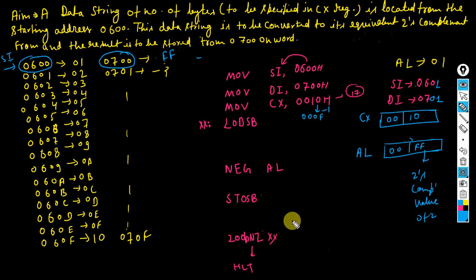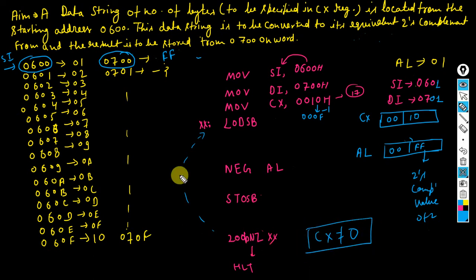Okay, and it checks the counter value is not equal to 0. Counter value is not equal to 0, then the pointer moves to the mark label. This is your mark label. Okay, the pointer moves to this label because our CX is not equal to 0.